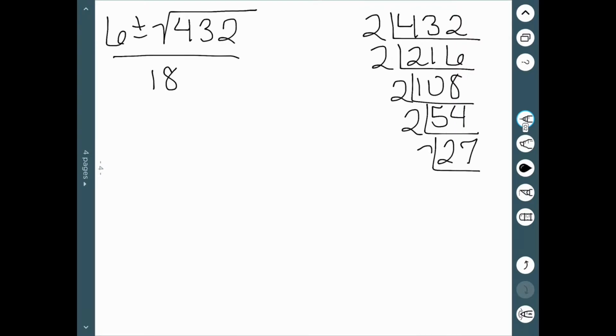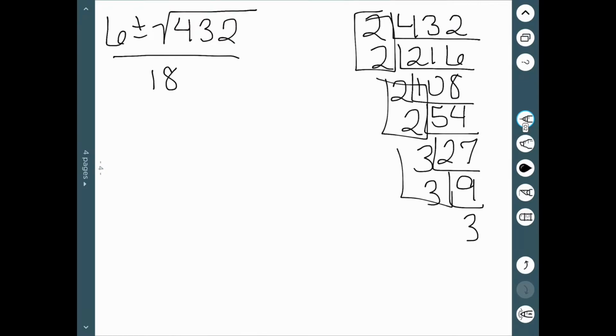And we know 27 is 3 times 9, and 9 is 3 times 3. So in square roots, we like to pull out pairs of things. So I see a pair of 2's, a pair of 2's, and a pair of 3's. So we actually pull something out. We have a 2, a 2, and a 3, which would be a total of 12.